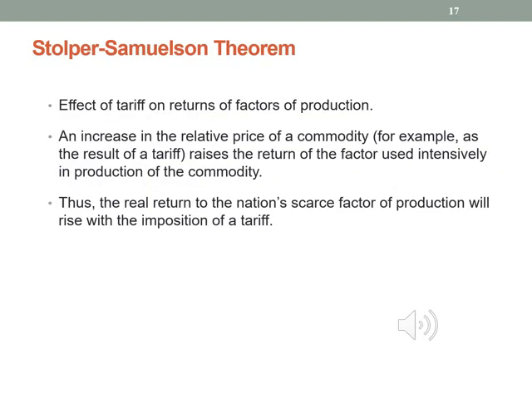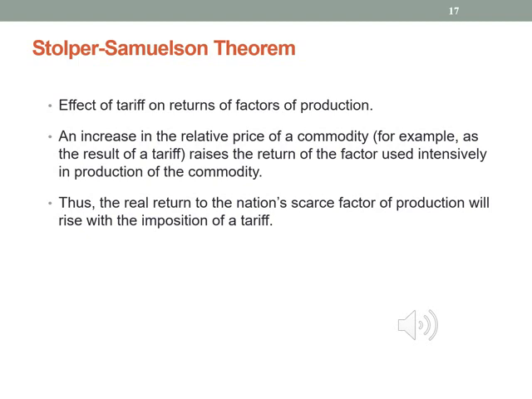In the last part that we are going to cover in chapter 8, we need to see how imposing a tariff would affect the returns of the factors of production inside the country that imposed this tariff. This is illustrated by the Stolper-Samuelson theorem.